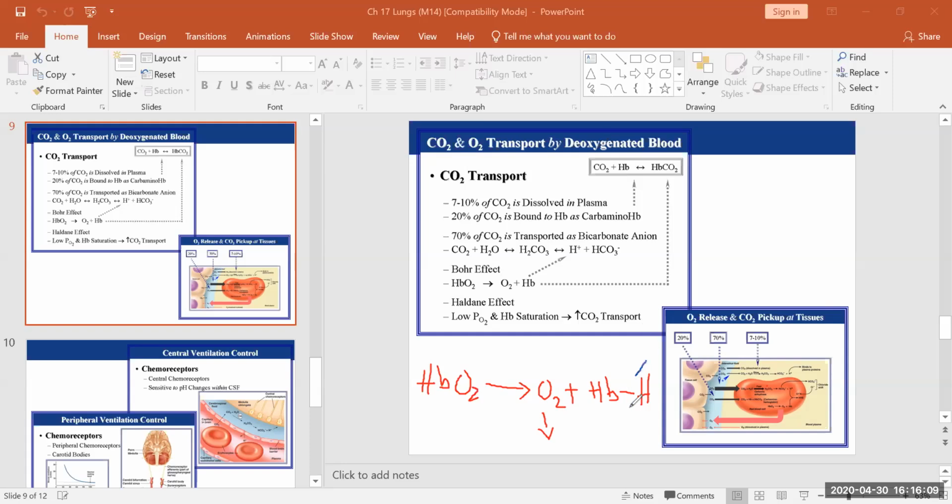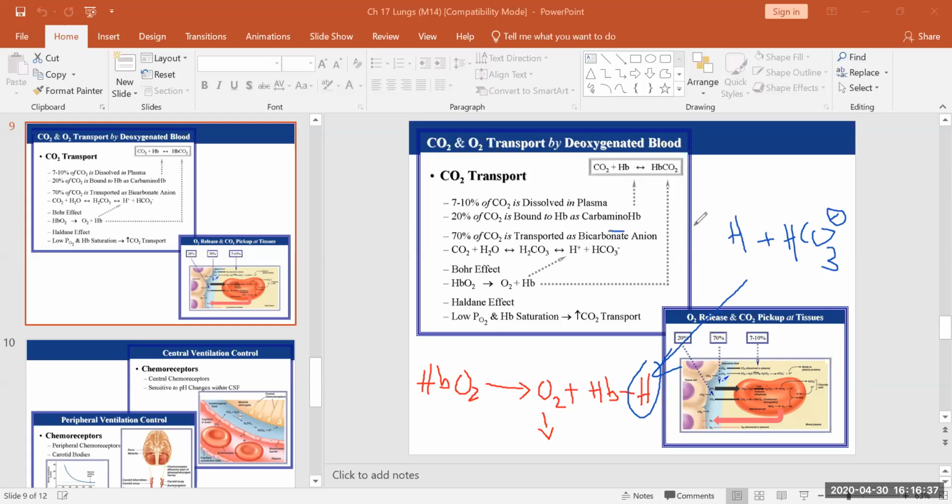Now this proton is from the relationship proton plus HCO3 minus. Now this relationship here has come up here, CO2 right here.